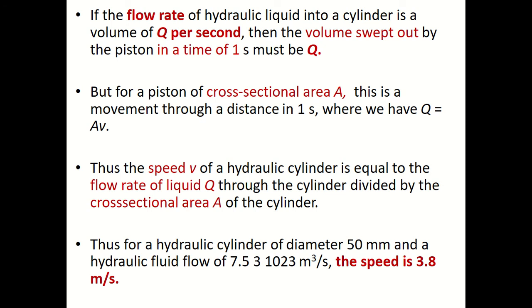Thus for a hydraulic cylinder having a diameter of 50 mm and a hydraulic fluid flow rate of 7.5 into 10 raised to minus 3 meter cube per second, you can find the speed, isn't it? Q by A is equal to 3.8 meter per second.